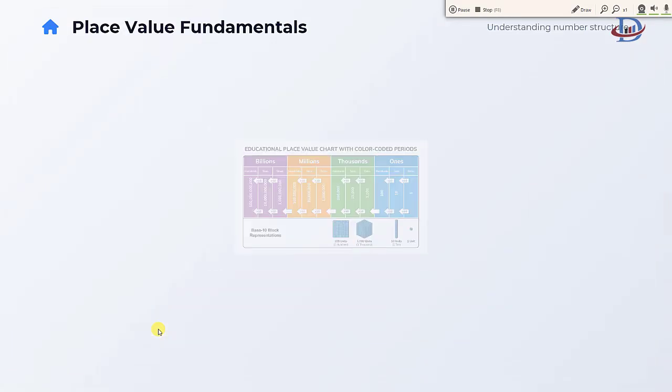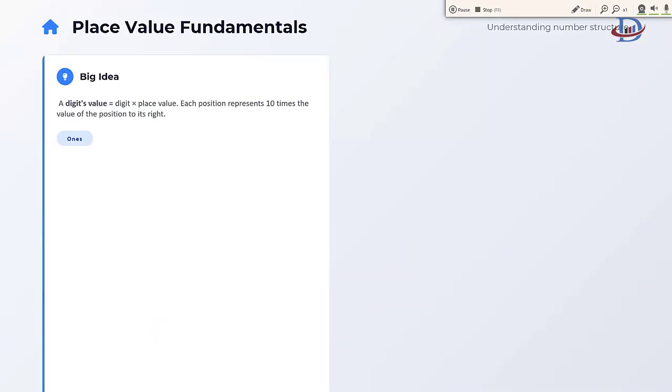From that concept, don't forget that in these groups, the first one is ones, then tens, then 100. The same applies to the next group: ones, tens, 100. And the same in the millions: ones, tens, 100.